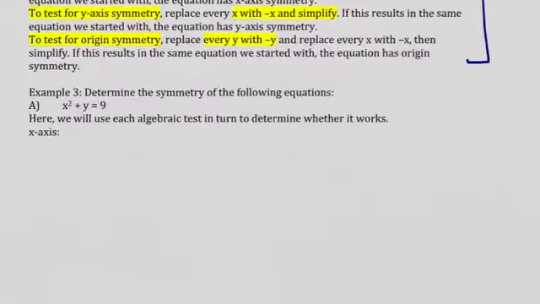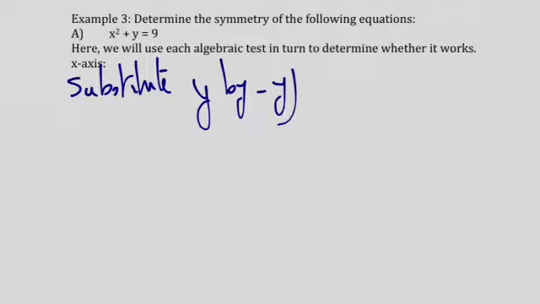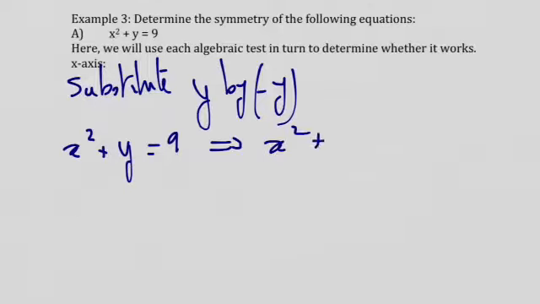So let's take a look at the first one, and let's try to decide if x is an axis of symmetry. If x is an axis of symmetry, I'm supposed to substitute y by minus y. So that implies that x squared plus y equals 9 is going to become x squared plus minus y equals 9.